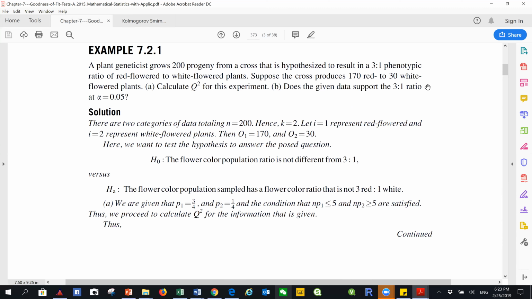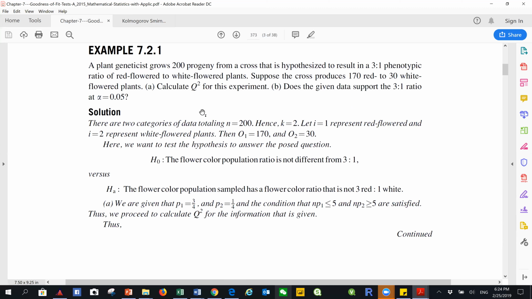From that question, we can identify n, p1, p2, and x1, x2, which here are O1, O2.